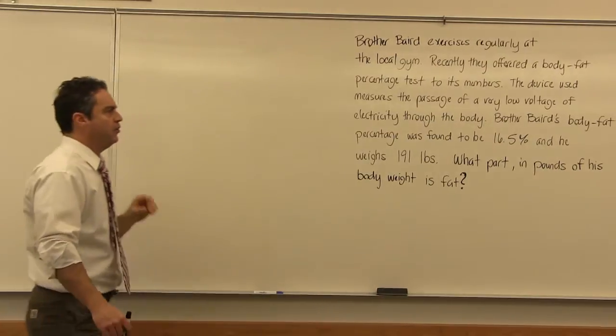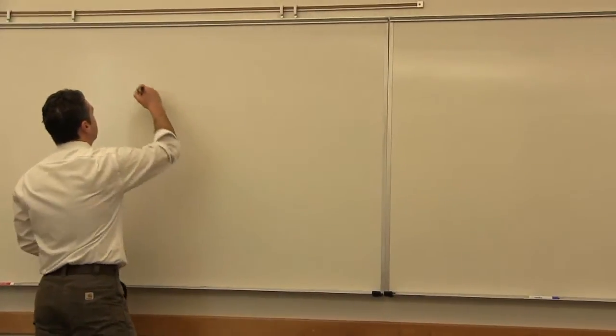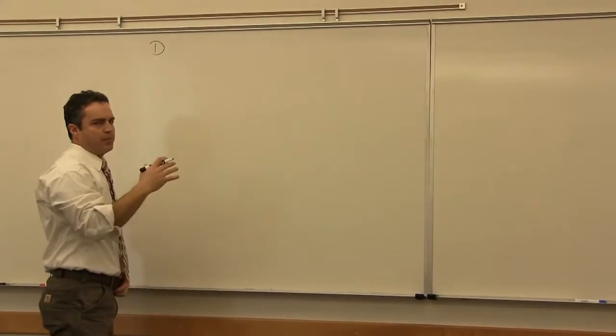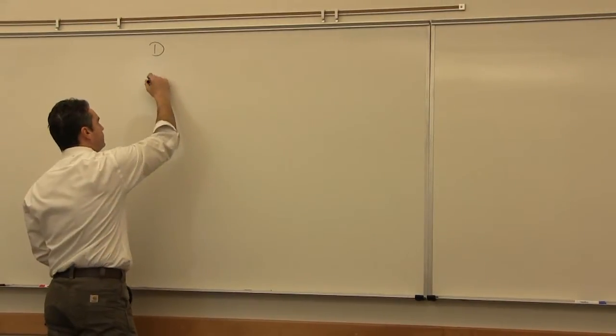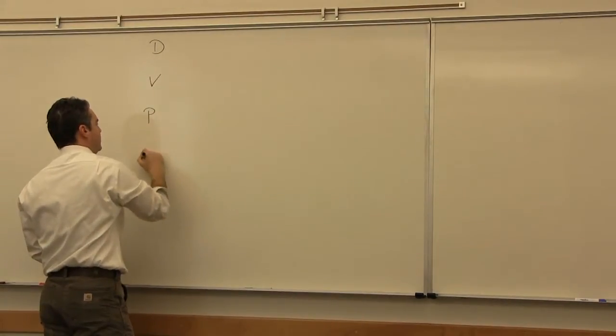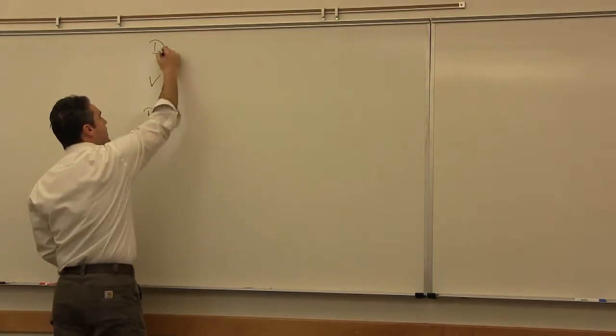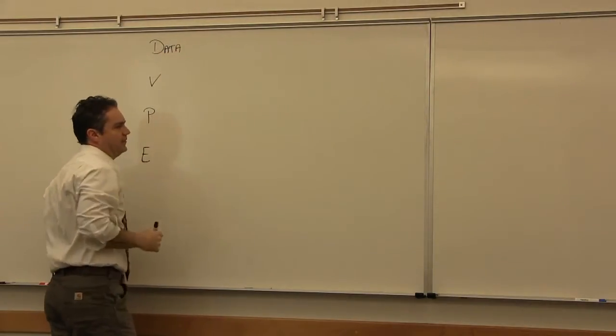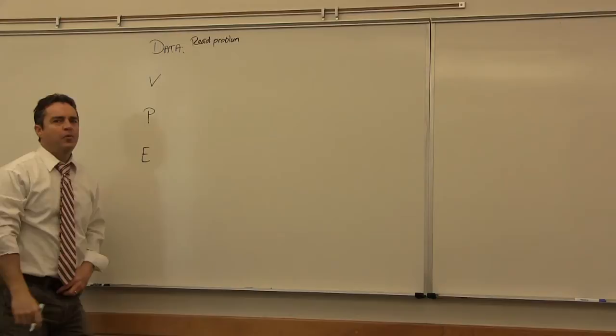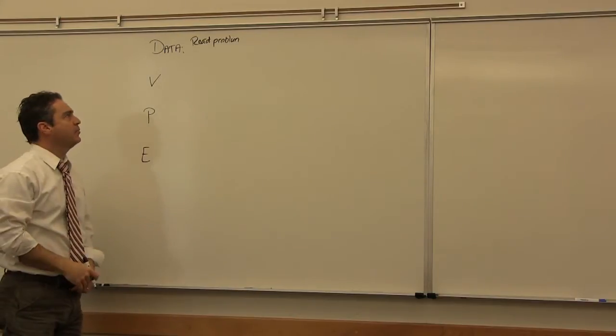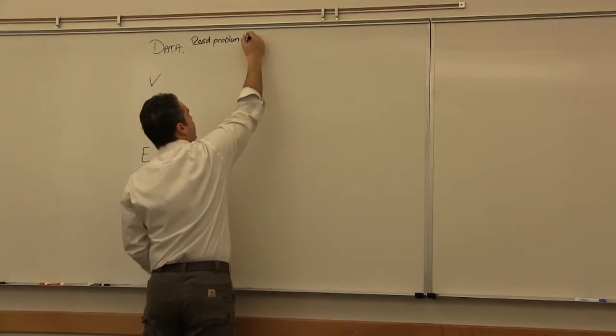The first thing we do when we read a word problem is we're going to talk about a process here called DVPE. D stands for data, okay? And we want to read the problem one line at a time.